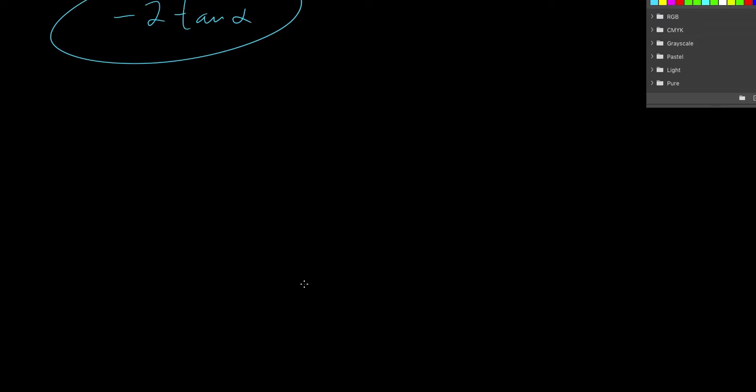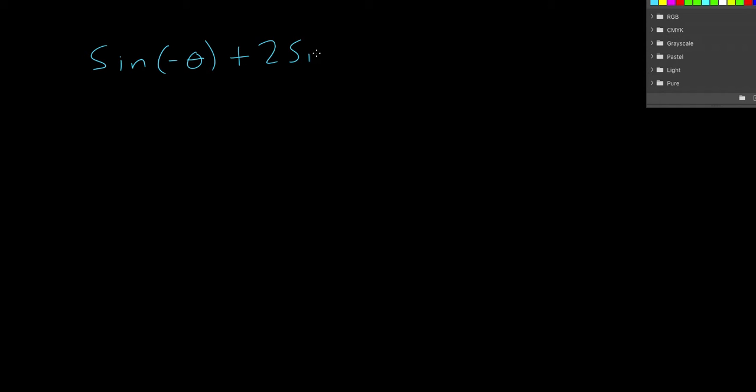Right below that example that I just did, we see a bunch of negative angle formulas, and we're going to have to use that on this next one. So we have sine of negative theta plus 2 sine theta.